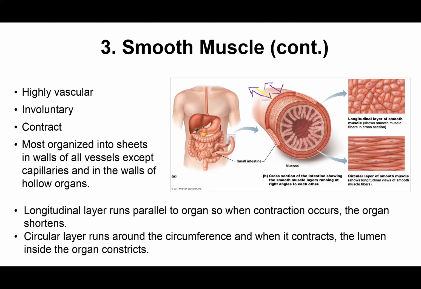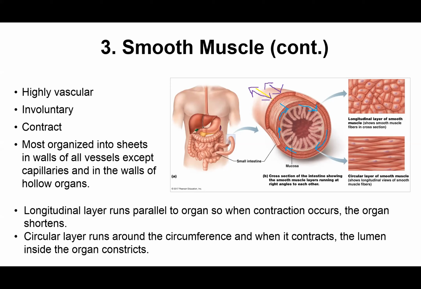Alternatively, in the circular layer, cells are actually running around the circumference of the organ, and so they are running literally like a clock around in a circle. Okay, so that's why it's called the circular layer.